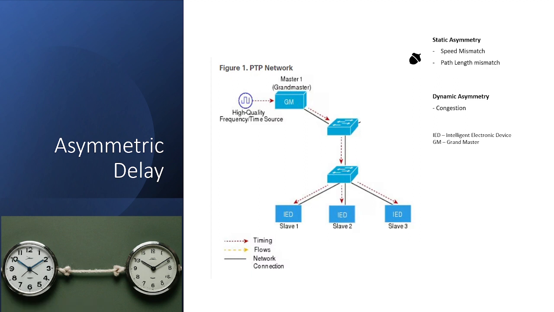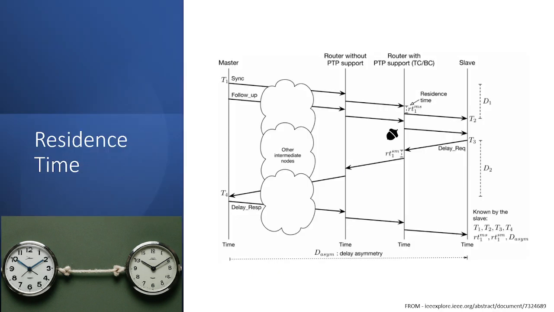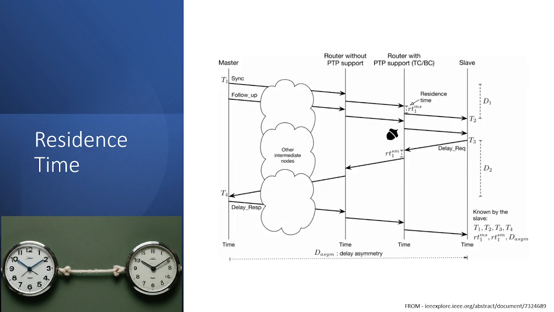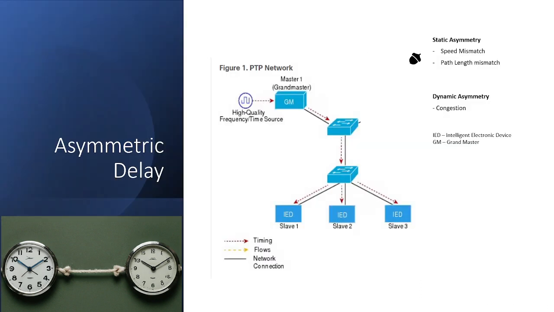And so that's not good. We have to correct for it, but we have to know that this is happening. So you have to come up with ways of detecting how the network topology is constructed and be able to measure these asymmetries in your PTP network. In a sense, those are the important variables that you'll have to deal with when you're dealing with the PTP protocol. And that's all I wanted to cover in this video.